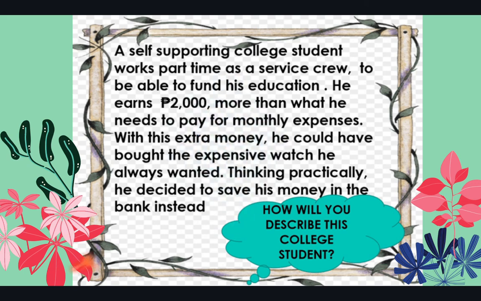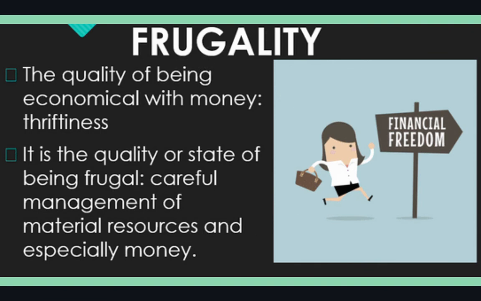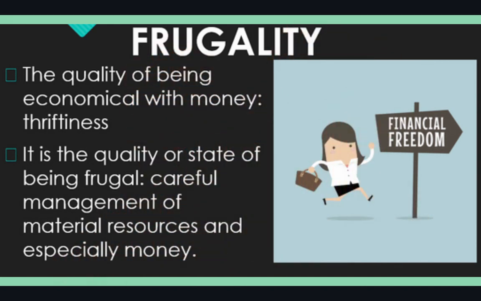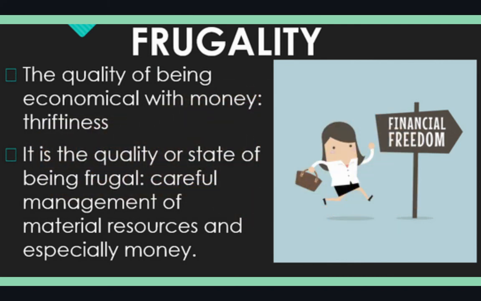Aside from that, he also exercises frugality. Frugality is the act of using money or other resources wisely and practically, the same as in our example earlier. To make it practical, he saved his money in the bank, so that it would not be touched and could be used for his needs. He has a concept of thrift, which is why he did not buy the expensive watch.